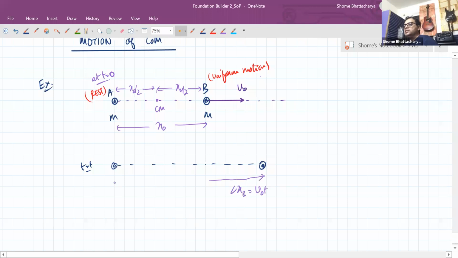So the distance between A and B would have now increased to x0 plus V0 t. So the center of mass accordingly would have moved from here to here, where this distance would be half of this.